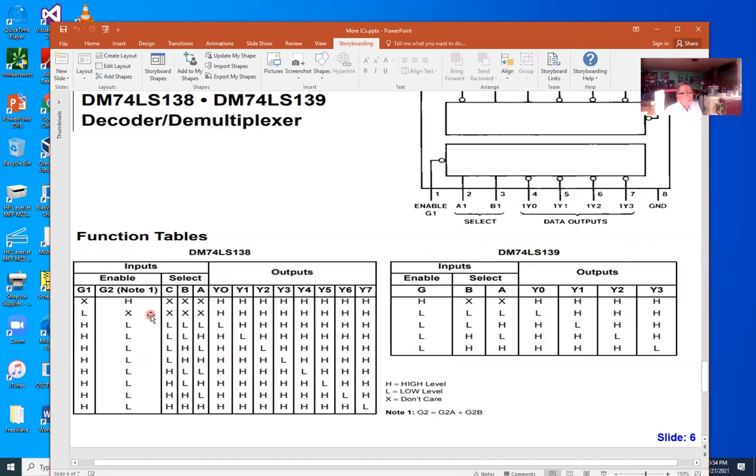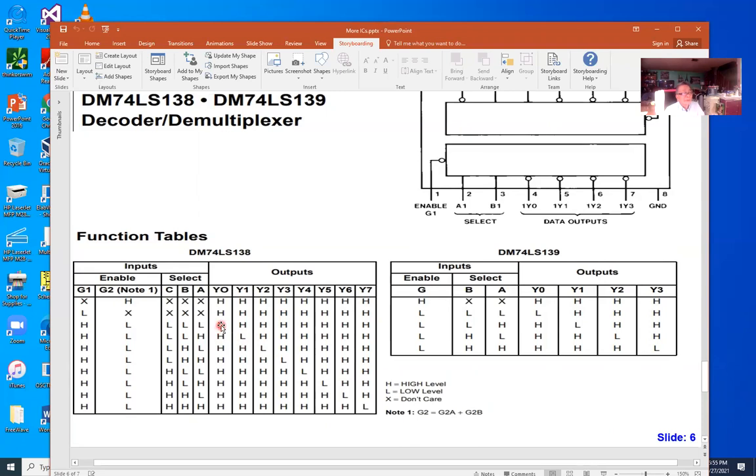That's an enable. However, if you get the right connection in here for enable, then you can see 3 inputs low, the first Y0 low, and the rest will be high. Okay? And you get the next combination 0, 0, 1, and the second one low, and the rest will be high.